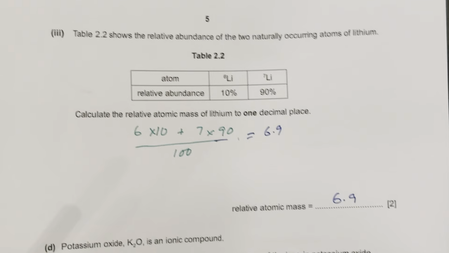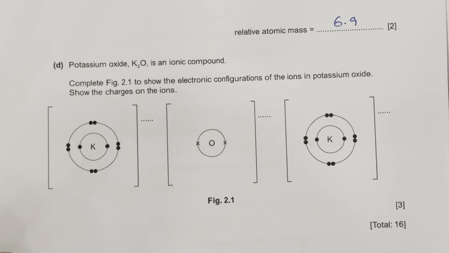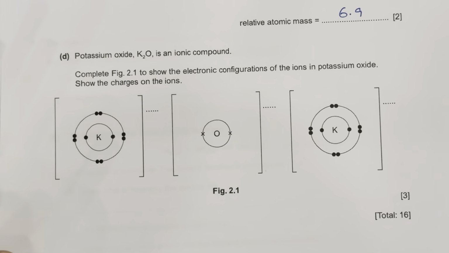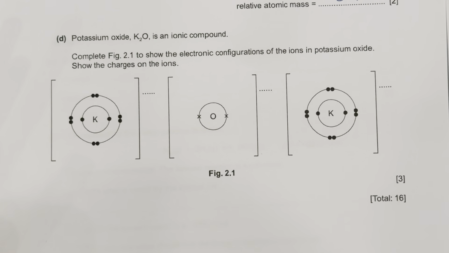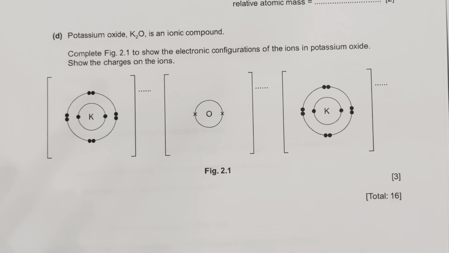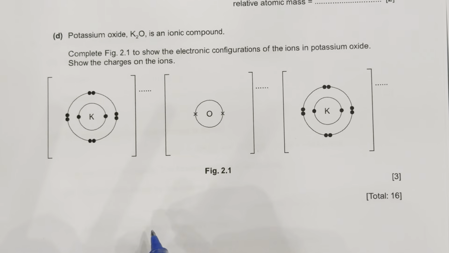Moving to its D part, the D part is related to ionic compounds. Potassium oxide K2O is an ionic compound. Complete figure 2.1 to show the electronic configuration of the ions in potassium oxide. So we know that potassium has the electronic configuration of 2, 8, 8, 1.